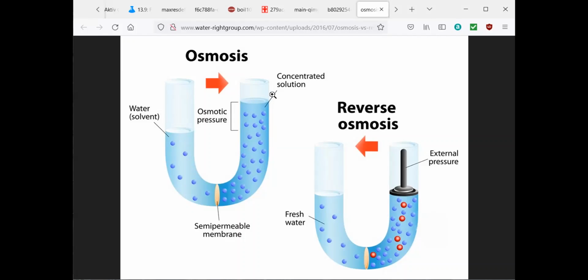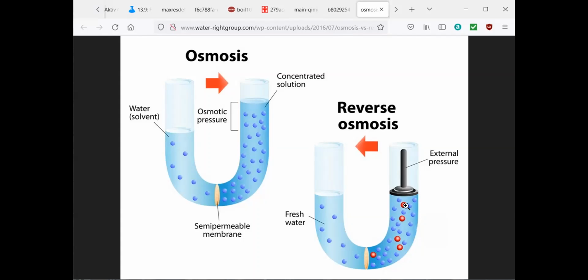Now what happens is sometimes when you buy bottled water at the grocery store, it will say it was purified by reverse osmosis. So what happens is we actually have to do work. We push down, like with a little plunger, on my solution.